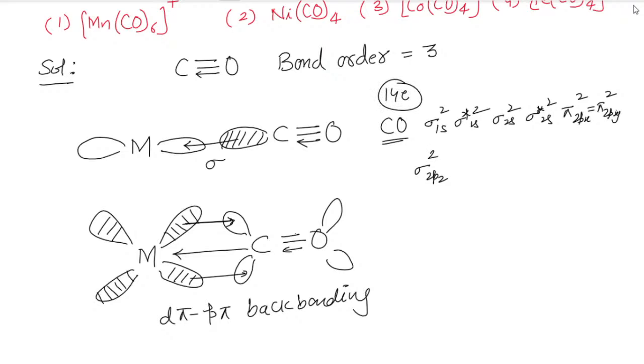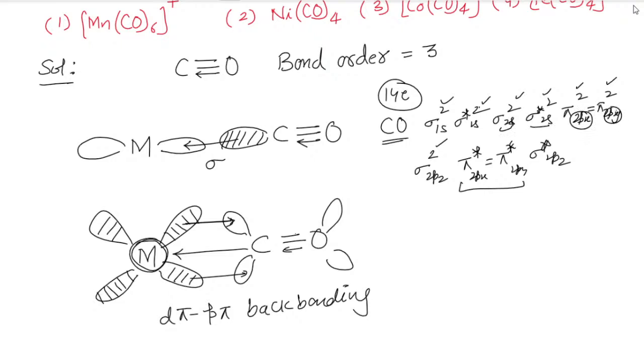So 2 plus 2 is 4, 6, 8, 10, 12, 14. Then it is pi star 2px 2py, sigma star 2pz. That means when the metal back donates electrons, those electrons are accepted by the pi star orbital. There is some sp character, keep in mind.